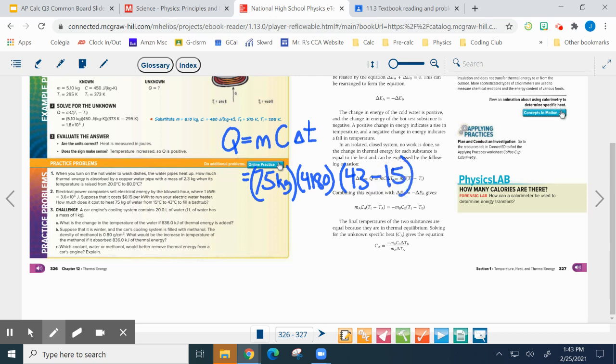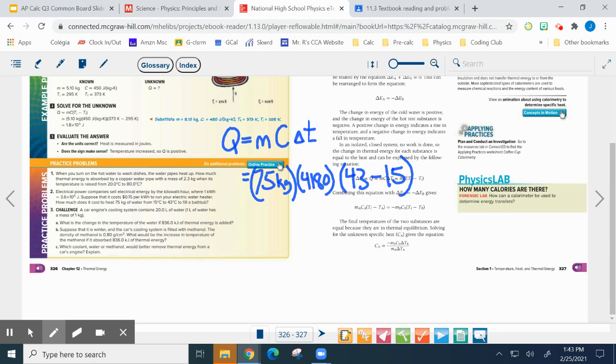And now we do it. So let's see. 43 minus 15. That's 28. There's a 28 degree change in temperature times 4180 times 75.